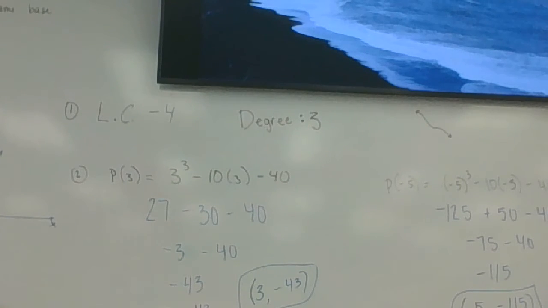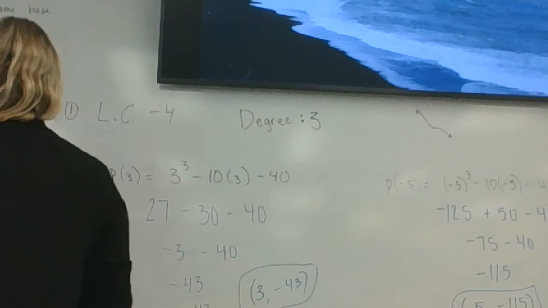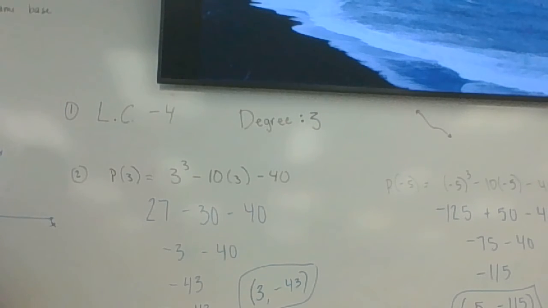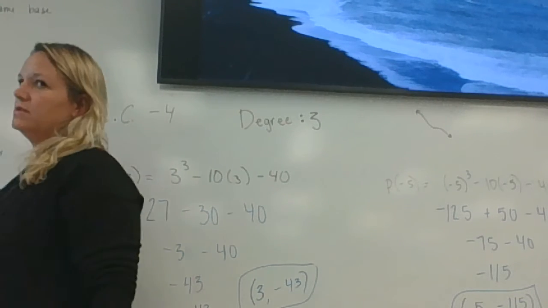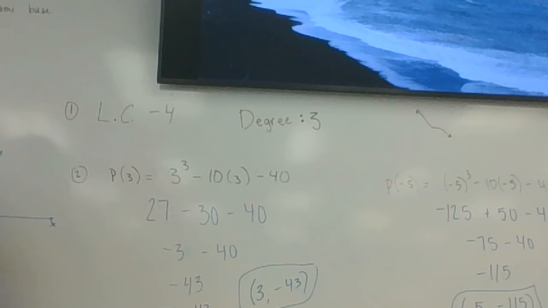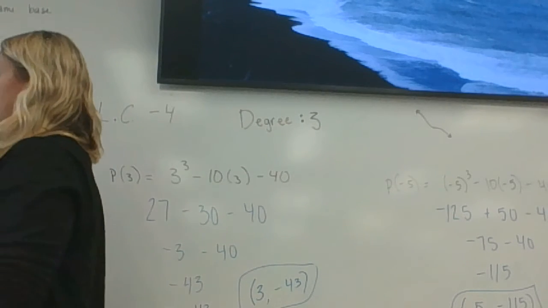Okay, so for example, x to the 4th can have at most 3 turning points. So I'm going to draw 2 even degree polynomials, and you tell me which graph could be x to the 4th, A or B. Positive and even degree. So it's going to start high and end high. It's a positive even degree. All right, is that x to the 4th?